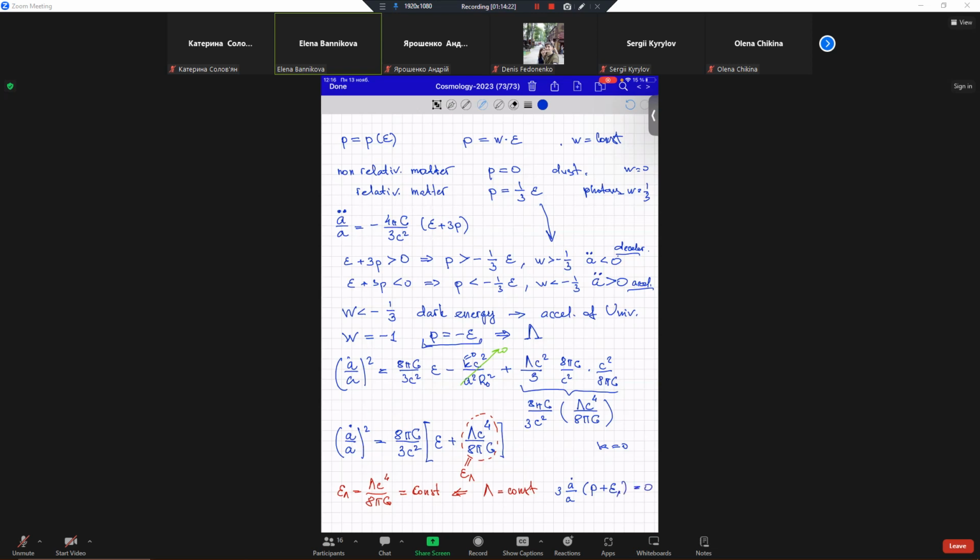I will put lambda as an index here and here, just to show that I speak only about this kind of energy or matter. Immediately from this, if we consider that a point divided by a is not equal to 0, we obtain that p lambda equals minus epsilon lambda.